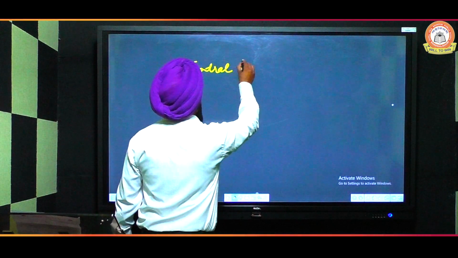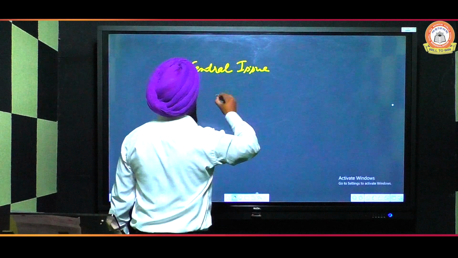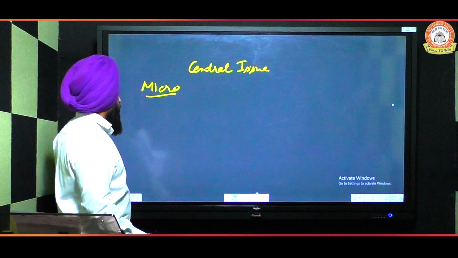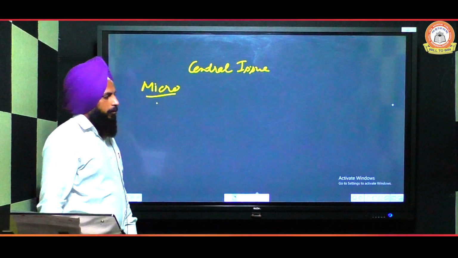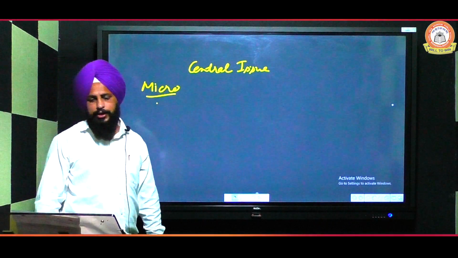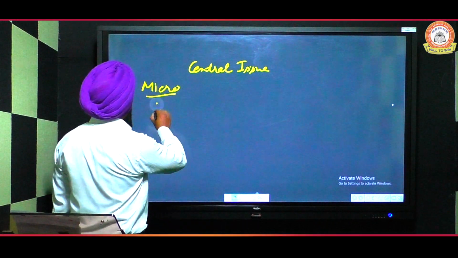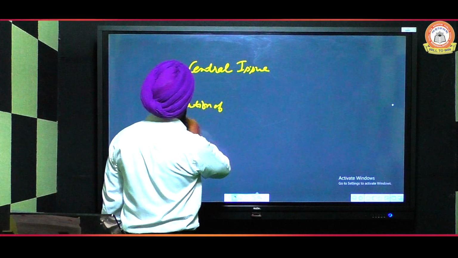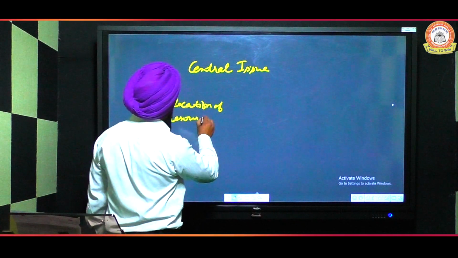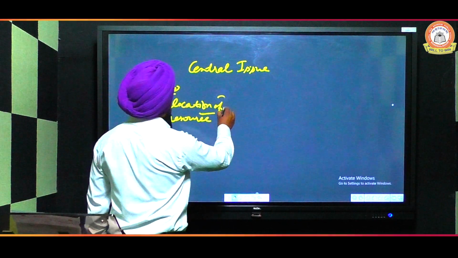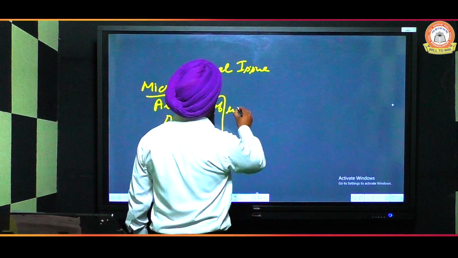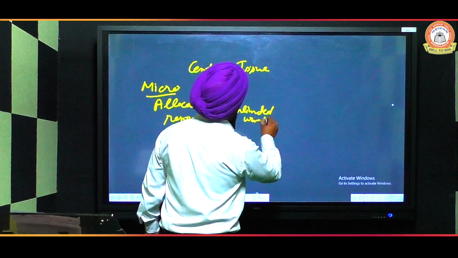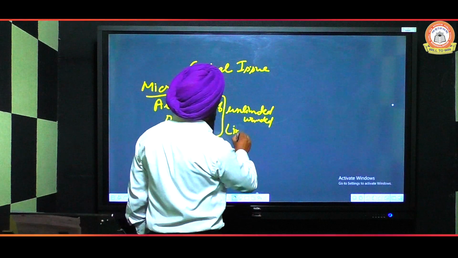Central issue. The central issues of micro are related to the individual, like allocation of resources. This allocation of resources is needed because we have unlimited wants and limited resources.